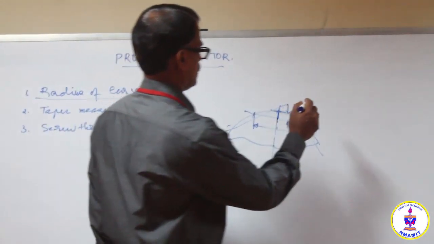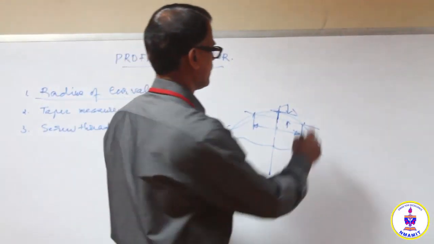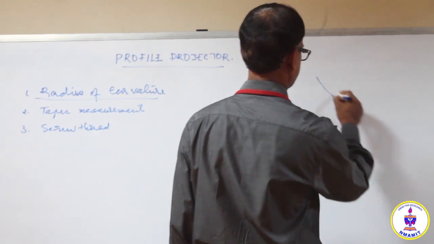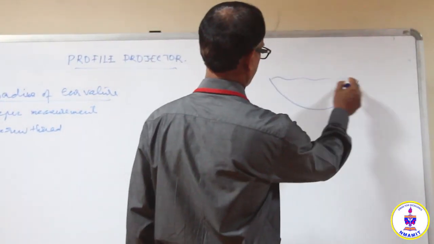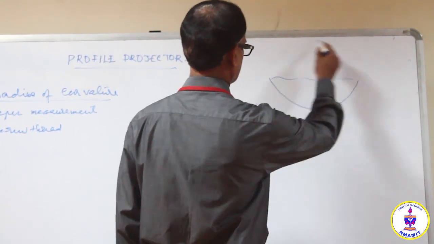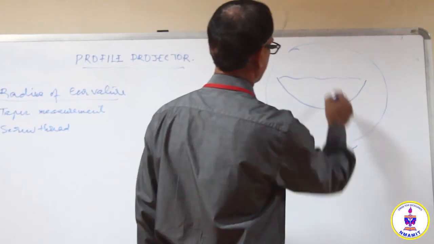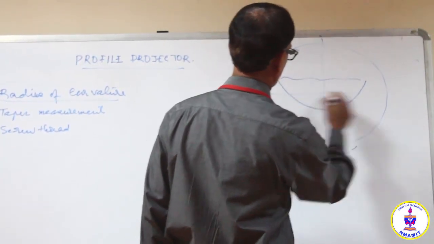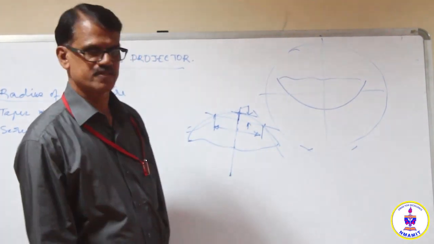So when a curved object or the specimen is kept on the table, you will get an image of that, mostly like this. So this is the projected image on the screen. And on the screen we have 2 cross wires or cross lines for reference.